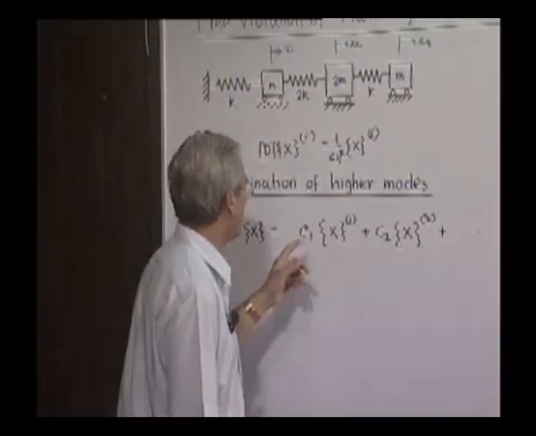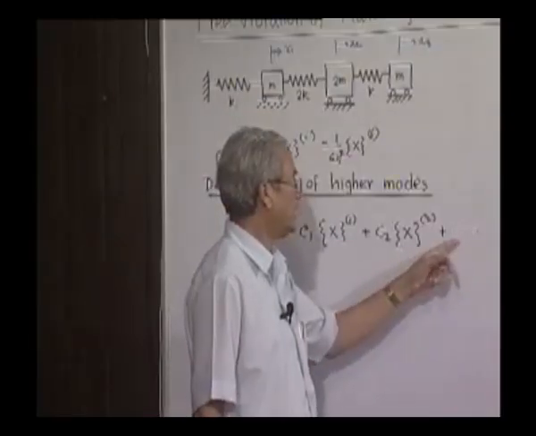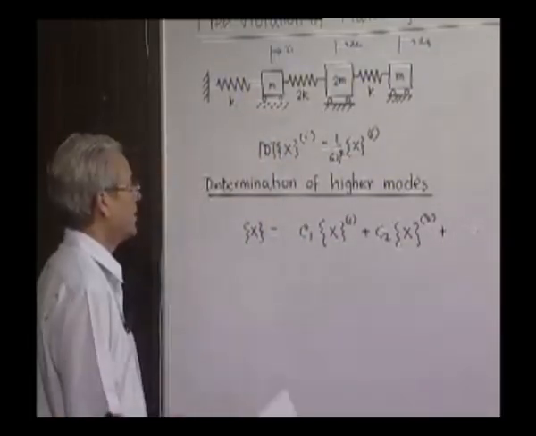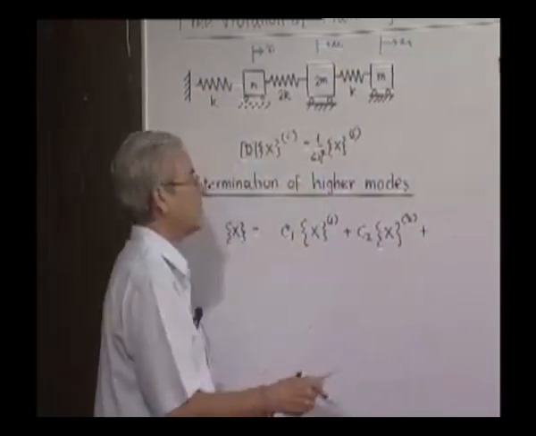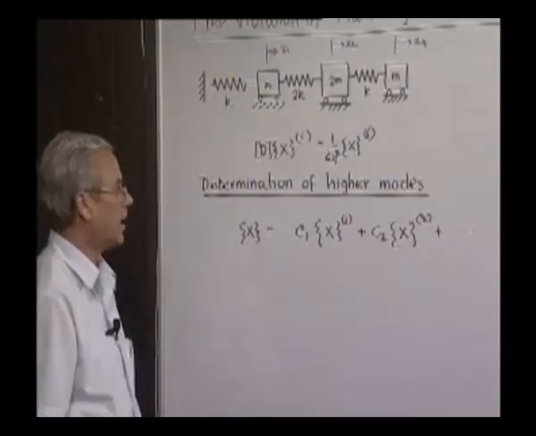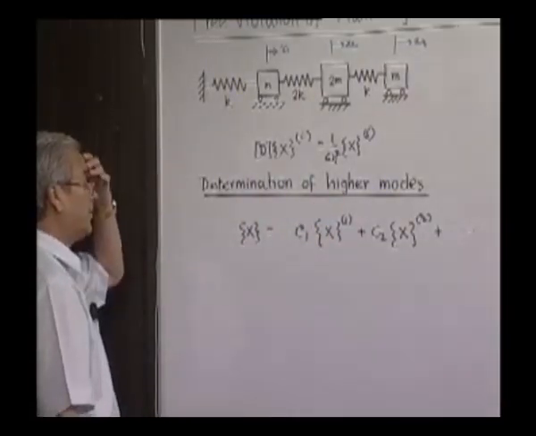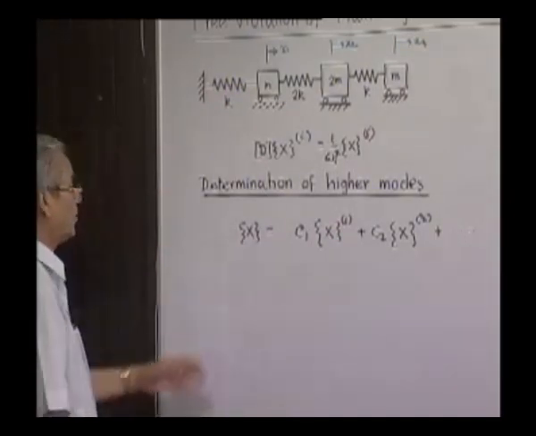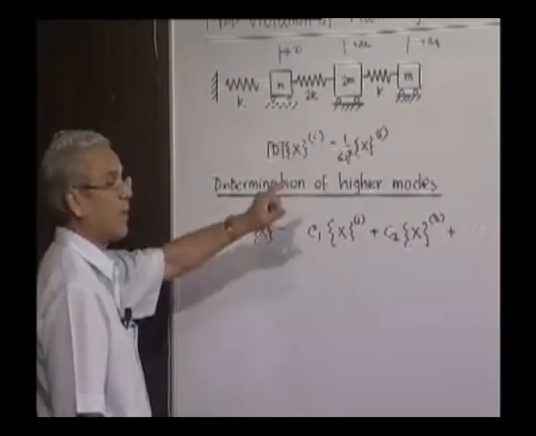Similarly, if we could make both C1 and C2 0 by some means, then the whole thing will converge to the next term, which is nothing but the third term. In this particular case there will be only 3, so it will converge to the third natural frequency, and the mode shape we get is the third by the same process. So our objective now is to find ways and means of making X such that C1 is 0.